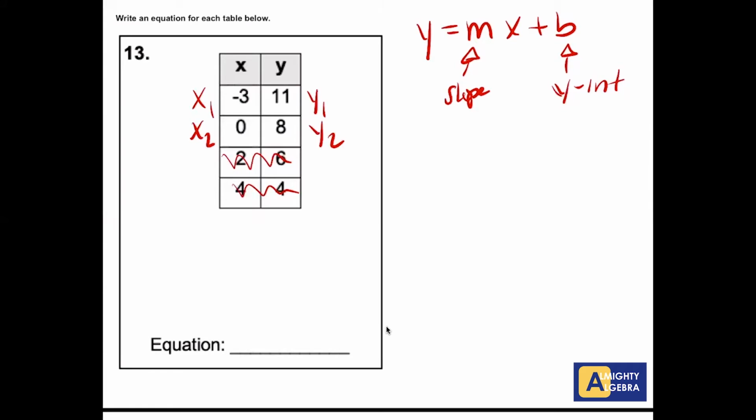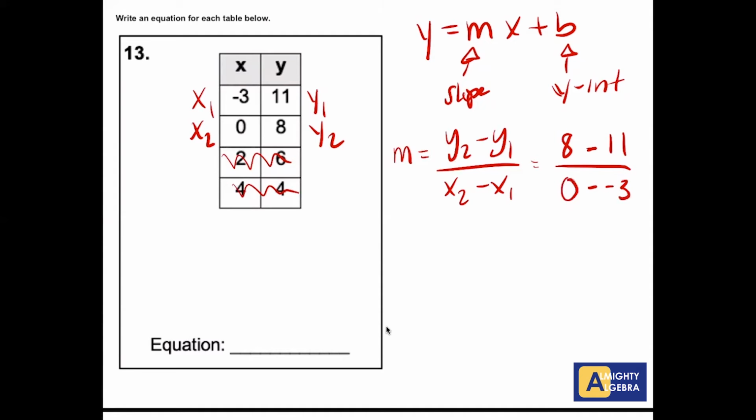Next, I need my slope formula. m equals y2 minus y1 over x2 minus x1. Substitute your values. In my numerator, I'm going to have 8 minus 11. And in my denominator, I am going to have 0 minus negative 3. 8 minus 11 is negative 3, over 0 minus negative 3.